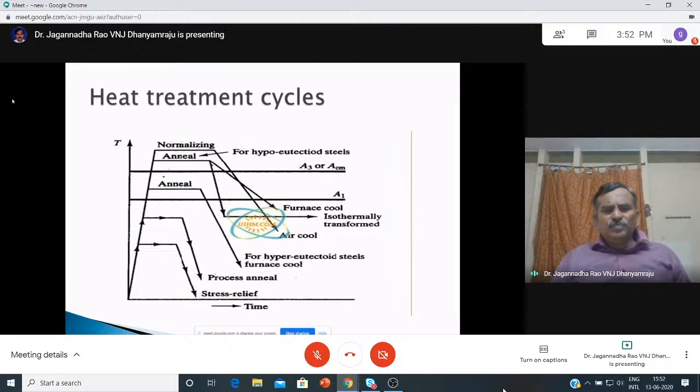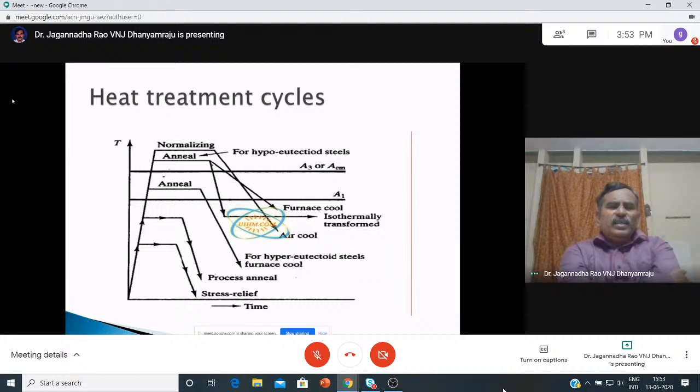Let us say first annealing. If you see, there are 2 types: annealing for hypoeutectoid steels and annealing for hypereutectoid steels. Let us see the annealing for hypoeutectoid steels.